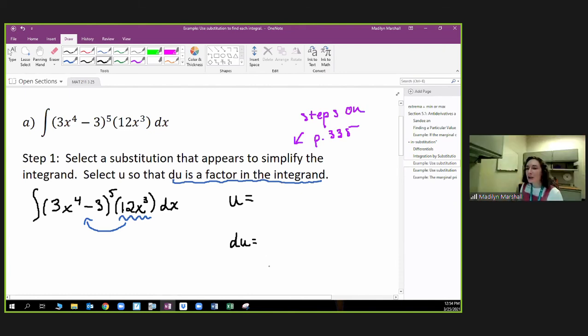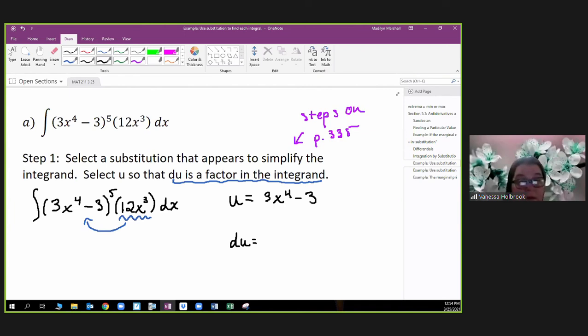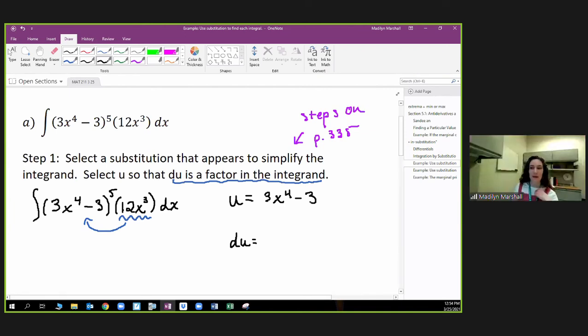So u is pretty much always our interior function. So if we're looking at just the first part of this integrand, the part that's a little more complicated because it has the parentheses and that fifth power, our interior function is that whole 3x to the fourth minus 3. And is that always the case? Yes. Sometimes it might take a little bit of working to figure out what that interior function really is.